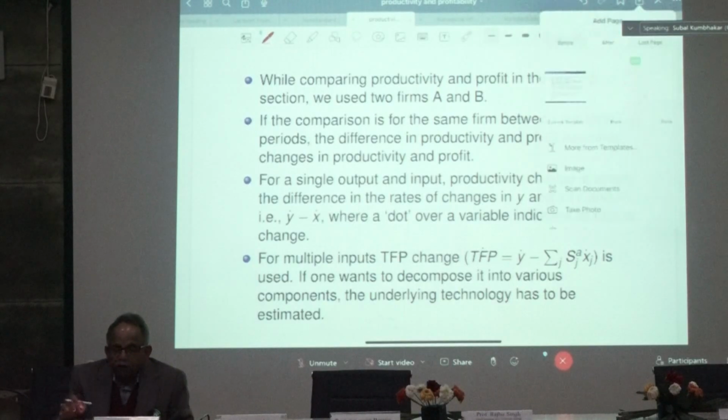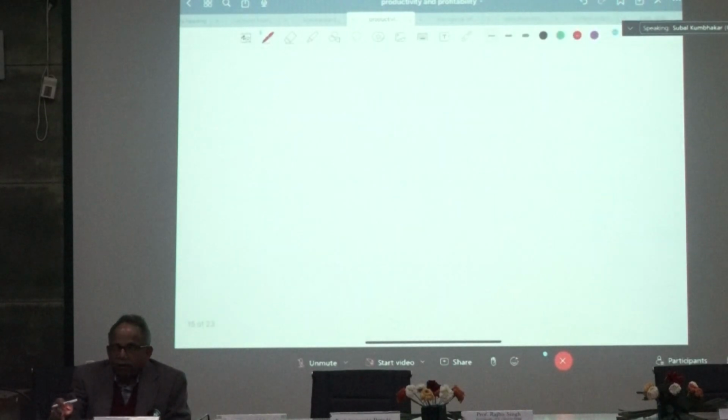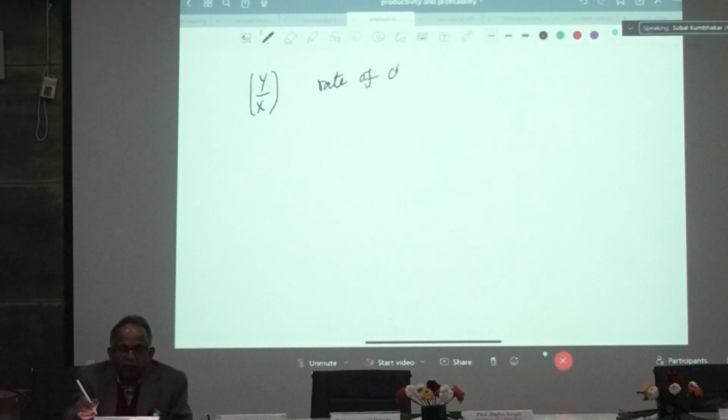If I have a variable called productivity, which is y over x, I want to define something called rate of change in productivity. So how do I define it?